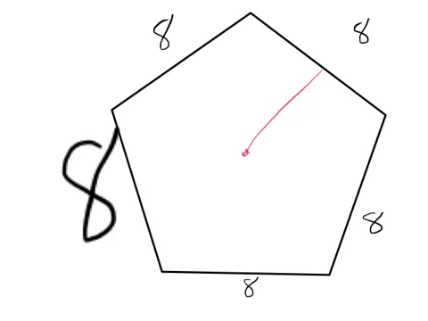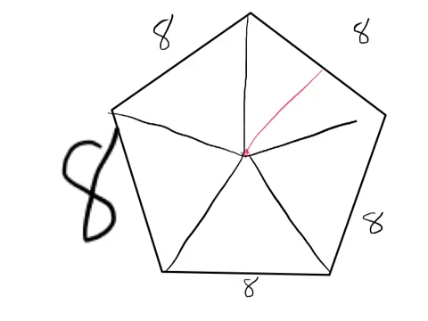And if I wanted to, I could also draw a whole bunch of little triangles here in the center. Right? And so, since a full rotation is 360 degrees, I could find the angle of just one of these triangles by taking 360 and dividing it by 5. And that would give me 72. And that would be the same thing here, and here, and here.